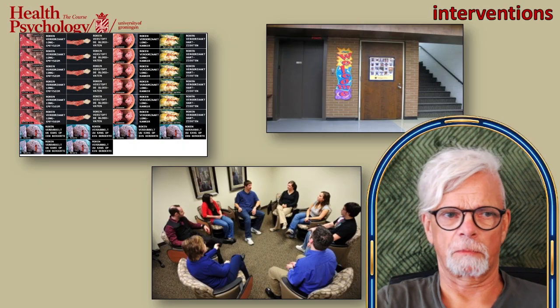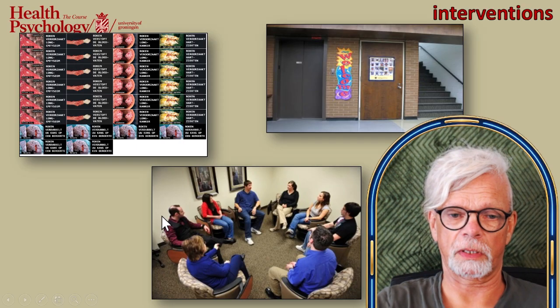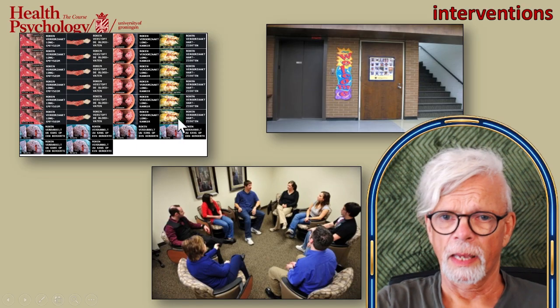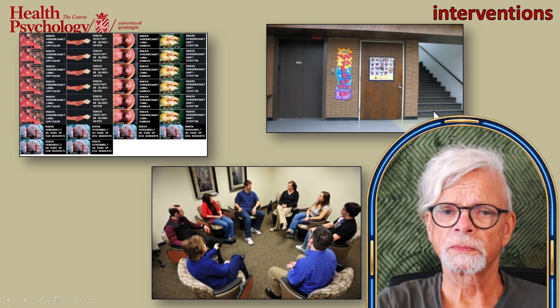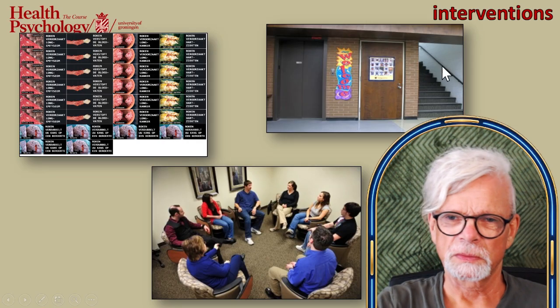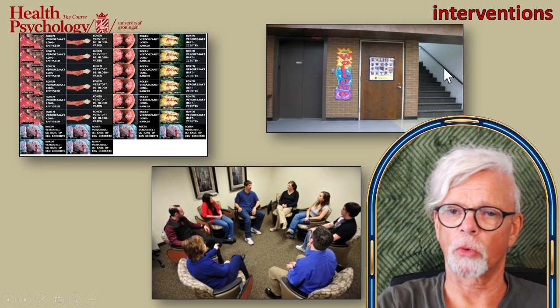Here we see some examples of interventions, like this one on a package of cigarettes. This is an environmental change issue, of course. You might change this to be more prominent.